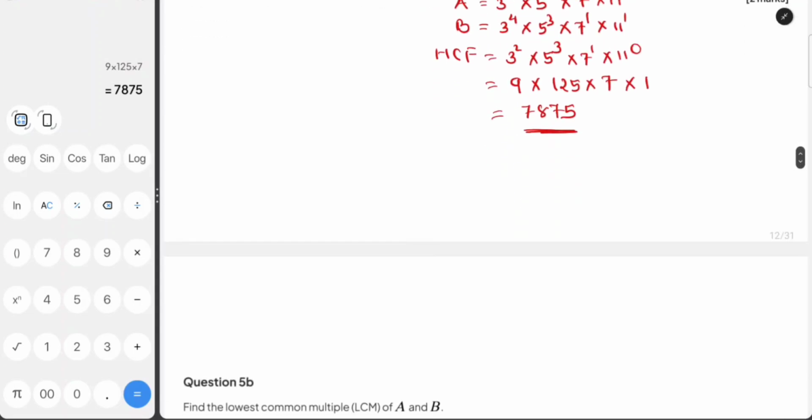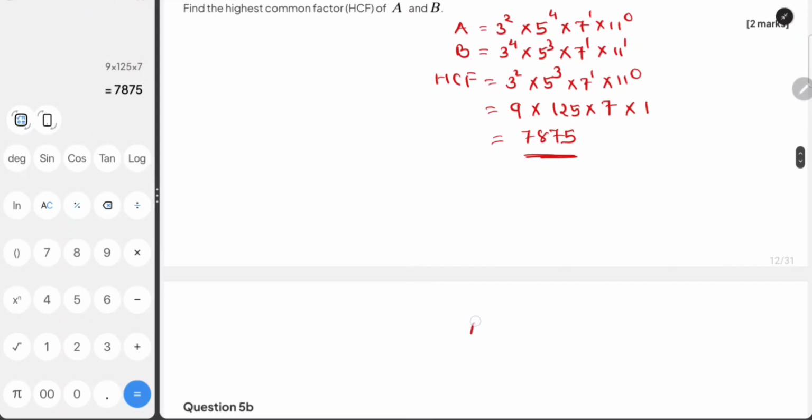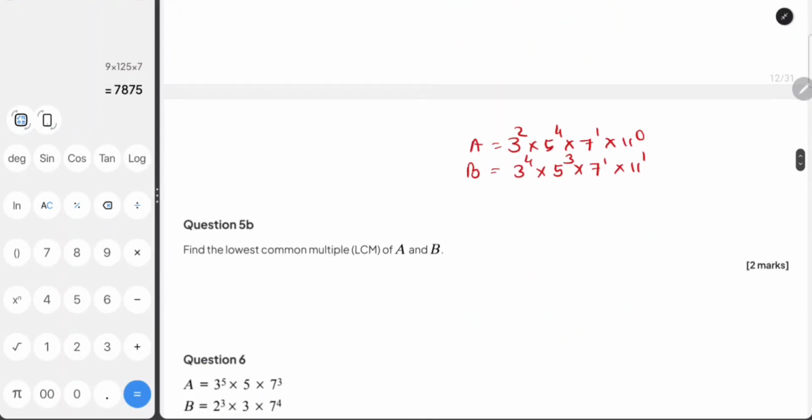So let me write A and B again here. So A is 3 raised to 2, 5 raised to 4, 7 raised to 1 and 11 raised to 0. And B is 3 raised to 4, 5 raised to 3, 7 raised to 1 and 11 raised to 1. Now for LCM, we take the highest power of each factor. So that's 3 raised to 4, 5 raised to 4, 7 raised to 1 and 11 raised to 1.